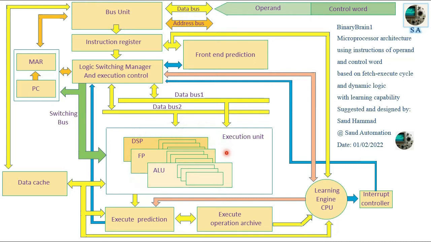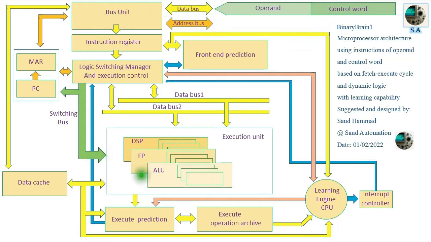Instead, every operation is executed by a dedicated logic circuit selected directly by the control word passing through the logic switching manager. The arithmetic and control unit consists of sub-arithmetic units to deal with every particular operation selected by the control word independently.